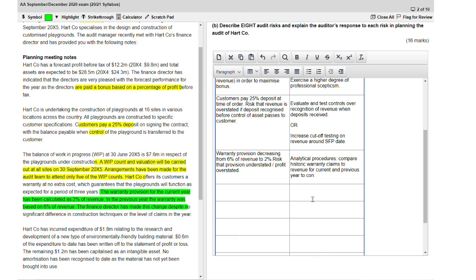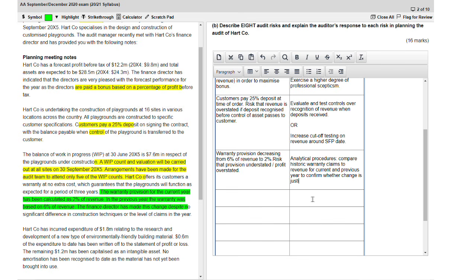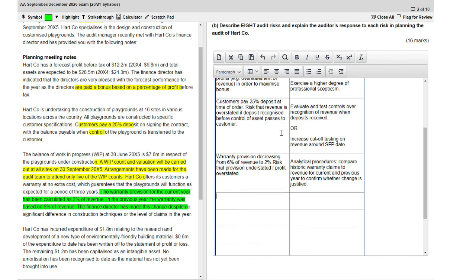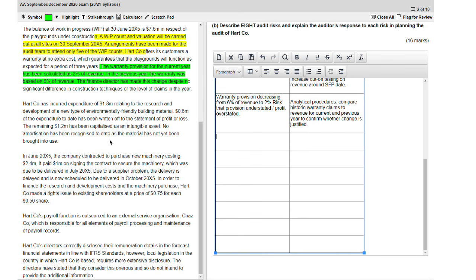There you are, to confirm whether the change is justified. We're not being asked for detailed tests, but if you sometimes put a bit too much detail, you can't really go particularly wrong. 1, 2, 3, 4. We've done 4, haven't we?